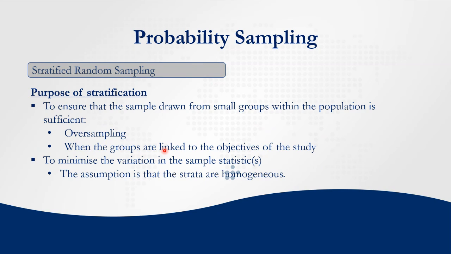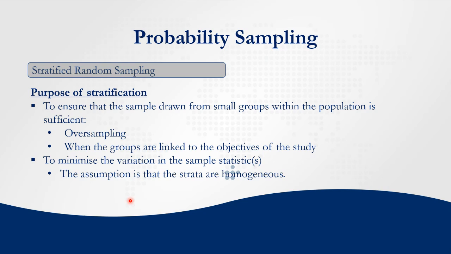Sometimes we stratify because we know that some of the groups are small. I didn't check the figures for the 3 institutions, but let's assume that Sefako Makgatho was a new university, and it didn't have as many students as the other universities.